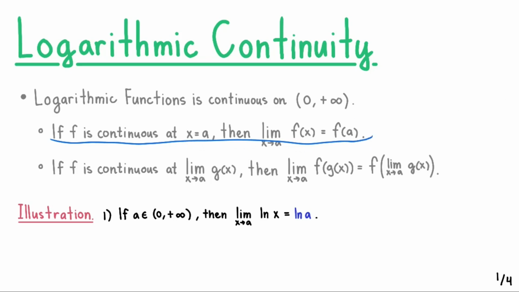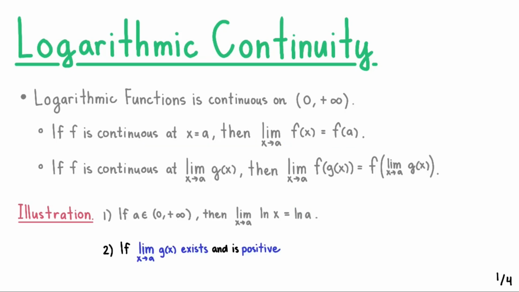Let's have this second illustration. Suppose that the limit of g of x as x approaches a exists and is positive. Then the limit of ln of g of x as x approaches a is, observe that the limit of g of x is positive. That's the key thing here.